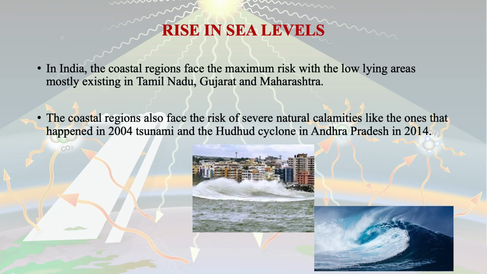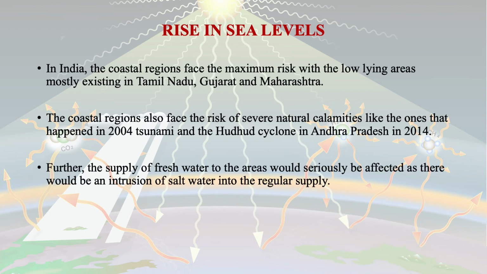The coastal regions also face the risk of severe natural calamities, such as the 2004 tsunami and the Hudhud cyclone in Andhra Pradesh in 2014. Further, the supply of fresh water to the areas would seriously be affected as there would be an intrusion of salt water into the regular supply.